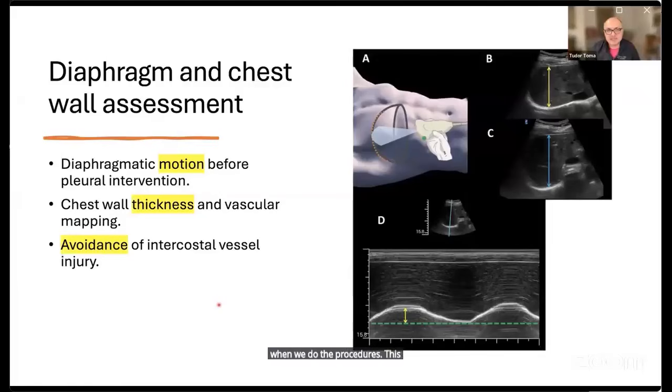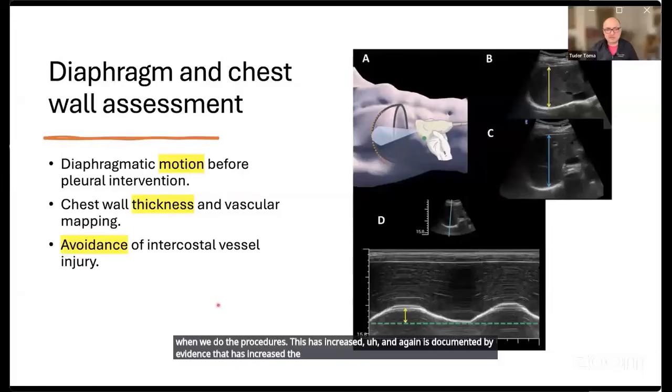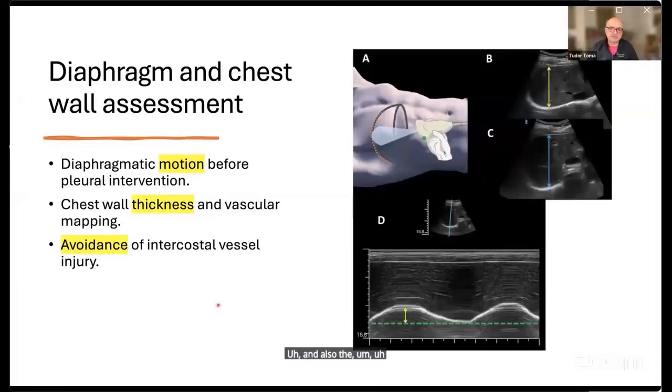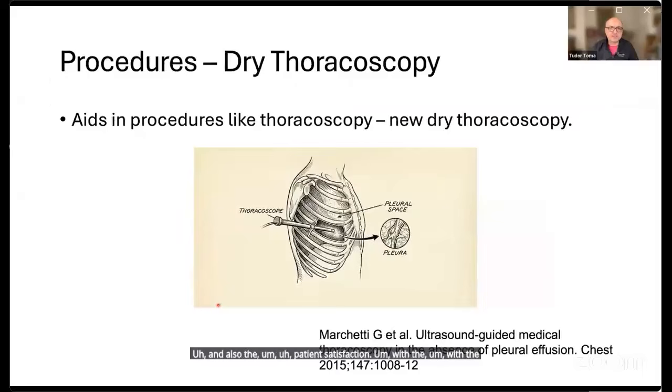This has increased, and again is documented by evidence, the safety of the procedures and also the patient satisfaction with the procedures.